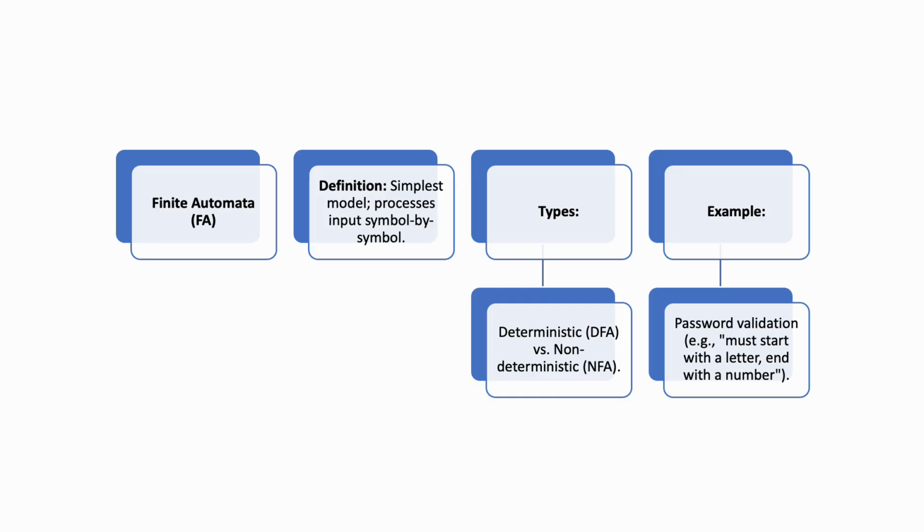The power of DFA lies in its simplicity and precision. It does not remember the entire password. It only cares about the current state and the next input. For your password validator, the DFA ensures that every password is checked efficiently without complex calculations or memory.